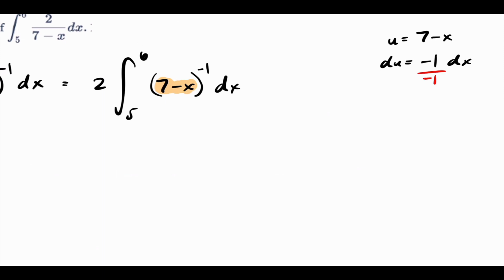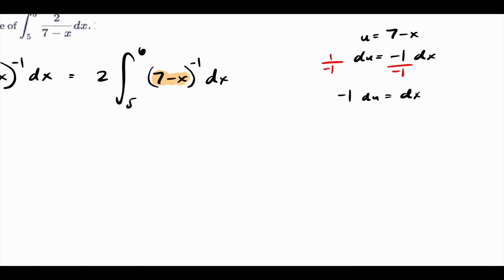Divide by negative 1. You're going to get negative 1 du equals dx. Okay, that's the u part.